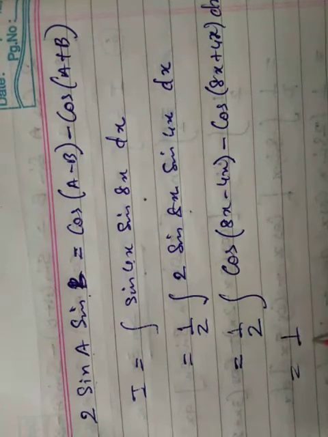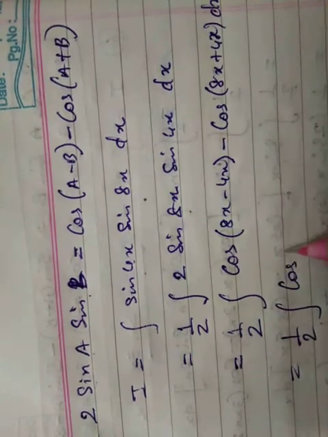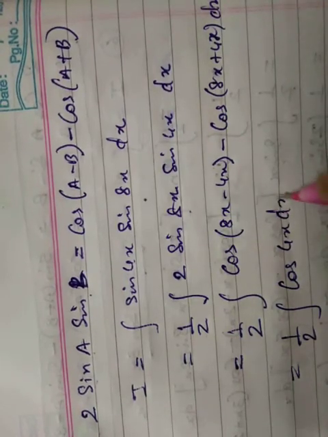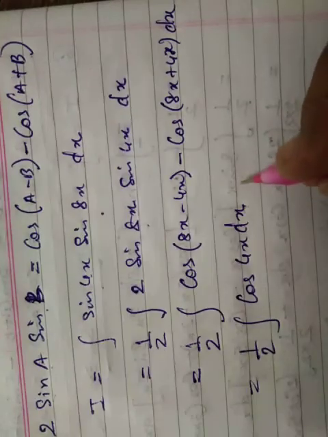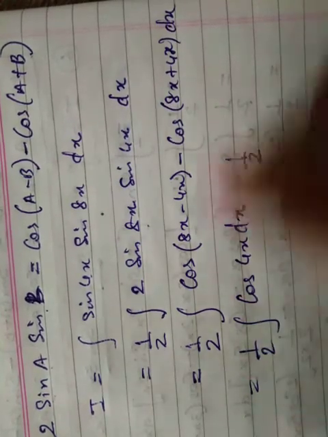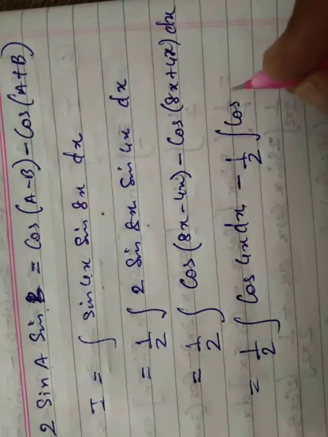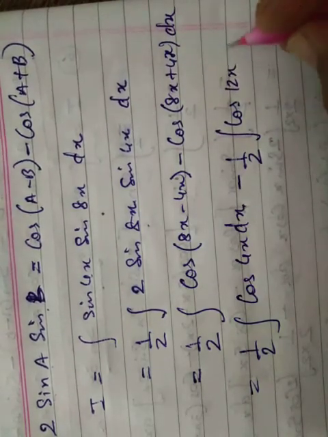So that is 1/2 integral 8 minus 4, so that will become cos of 4x. I'll separate the integration sign over here and therefore minus 1/2 integral cos of 8 plus 4, which is 12x, dx.